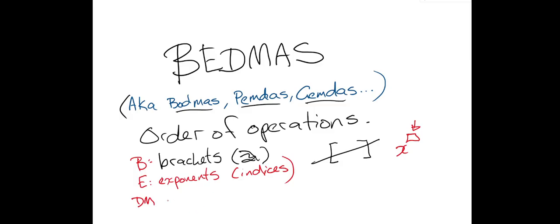DM stands for division and multiplication. We do those before we do the next two, A and S, which is addition and subtraction.